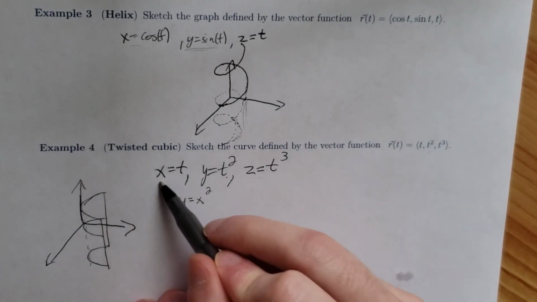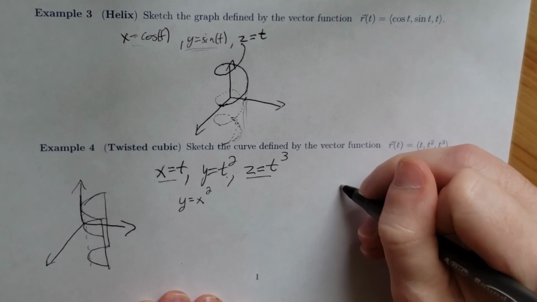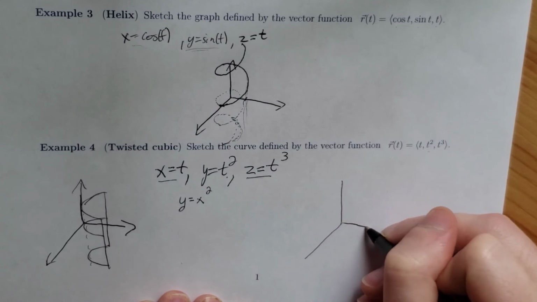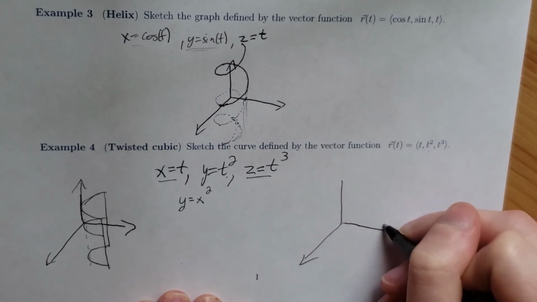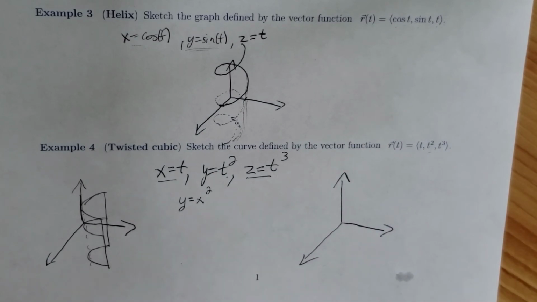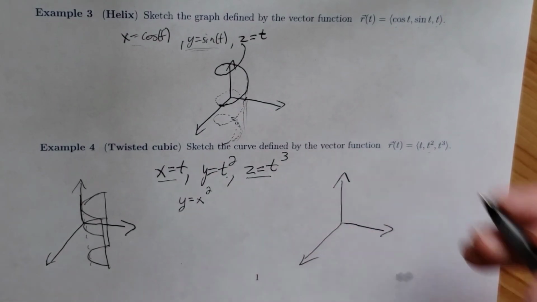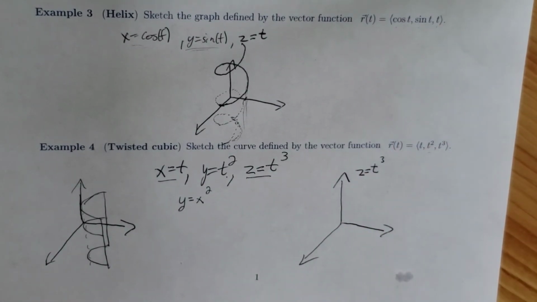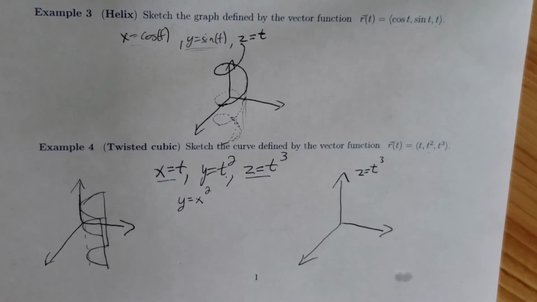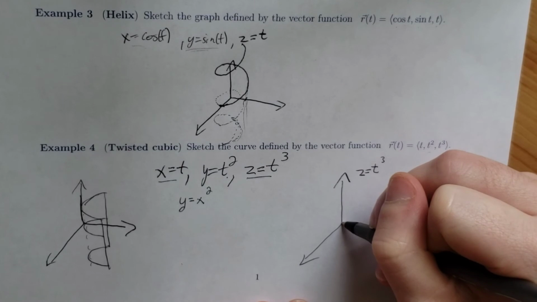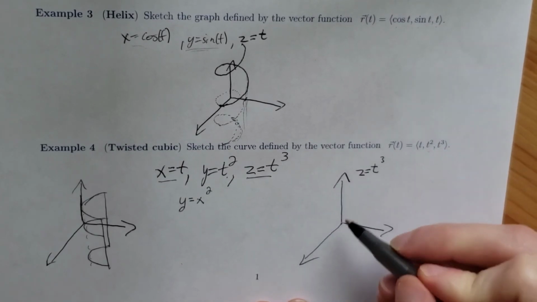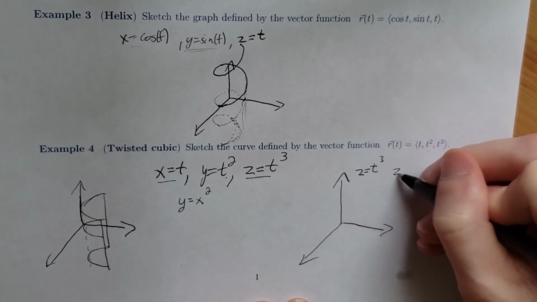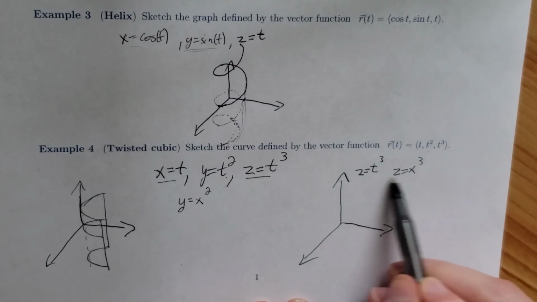Okay, now let's think about what's going on here with x and z. Well, here, this tells us that z is equal to t cubed. So, if we just do the x, z cubed, I said this wrong. Z is equal to t cubed, which means z is equal to x cubed, because t is x here.